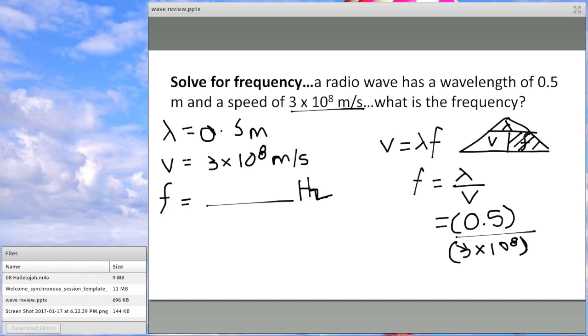So when I type this in the calculator, I like to put parentheses in the top and parentheses in the bottom. It takes like 2 seconds more, but it ensures I get the right answer. Because who wants to do all this work and then not get the right answer? I feel like it's just a waste of your time.